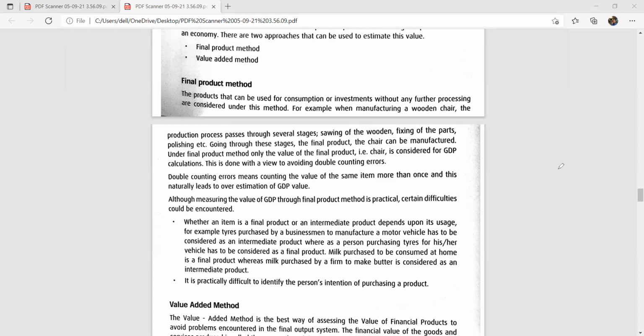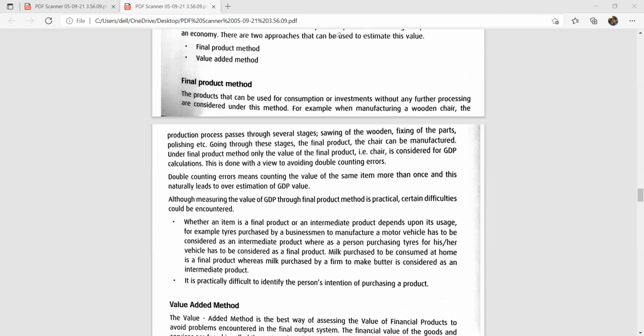Milk purchased to be consumed at home is a final product, whereas milk purchased by a firm to make butter is considered an intermediate product. It is particularly difficult to identify a person's intention in purchasing a product.